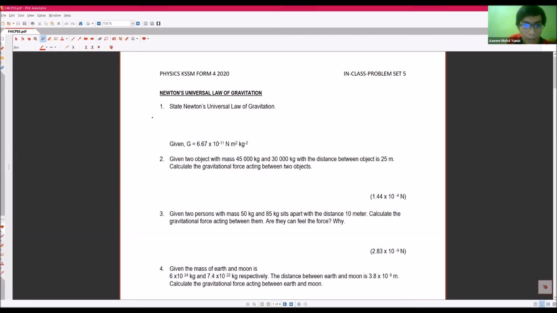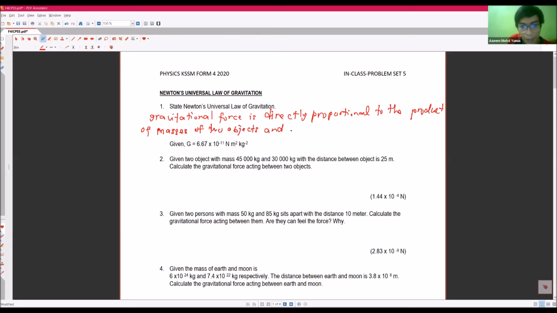Basically, gravitational force is directly proportional to the product of masses of two objects and inversely proportional to the square distance between the centers of two objects.